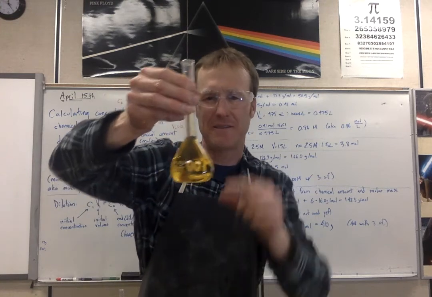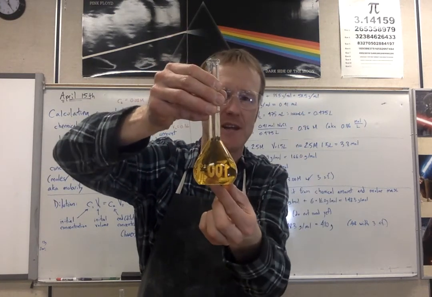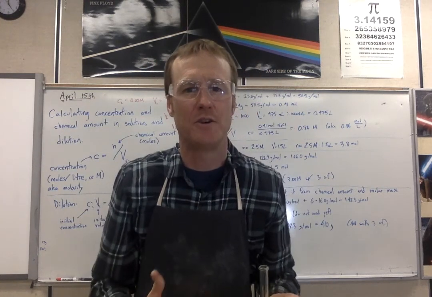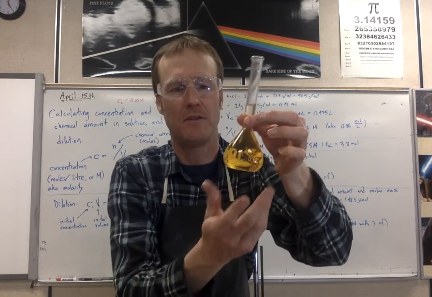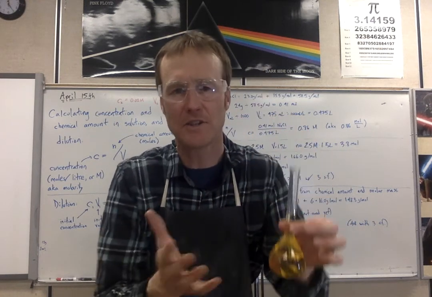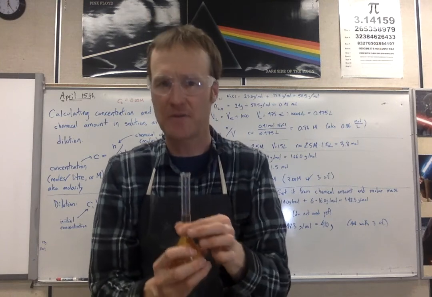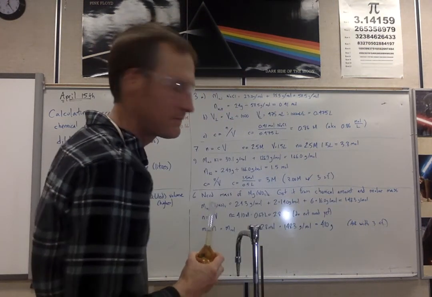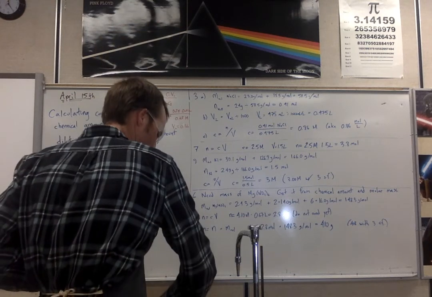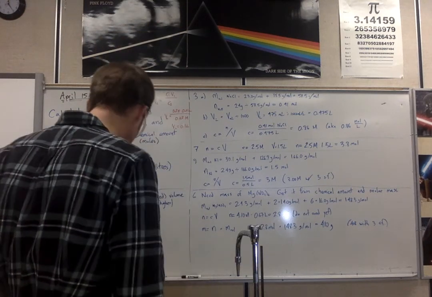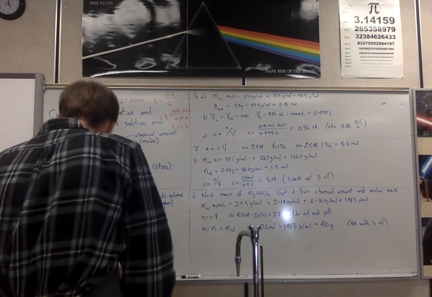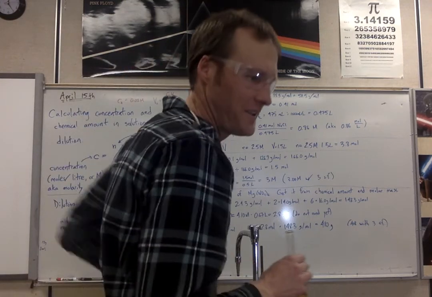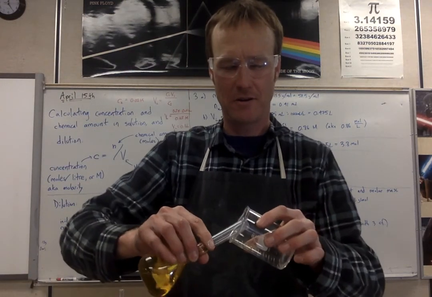Now, of course, there's a lot of water up here relative to down here, but you don't have to store your solution in this volumetric flask. It's not necessary. You can now transfer it to a storage container. So, whatever. Let's pretend this is a dry beaker.